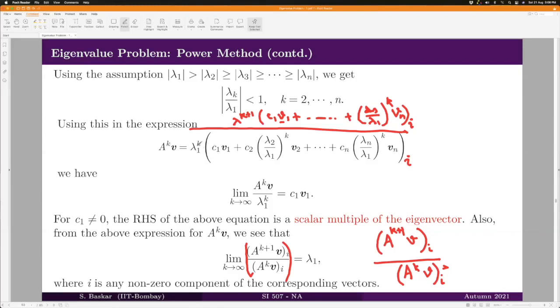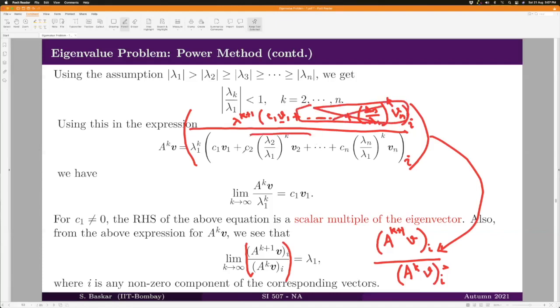Therefore, that is the expression you are getting here. And now as k tends to infinity, all these terms go to 0. Similarly here, all these terms go to 0. And what remains is c1 v1 ith component.